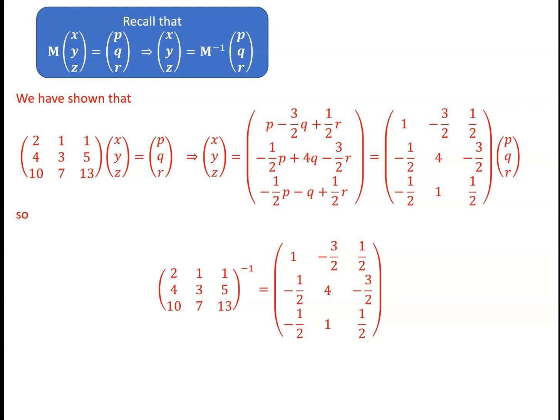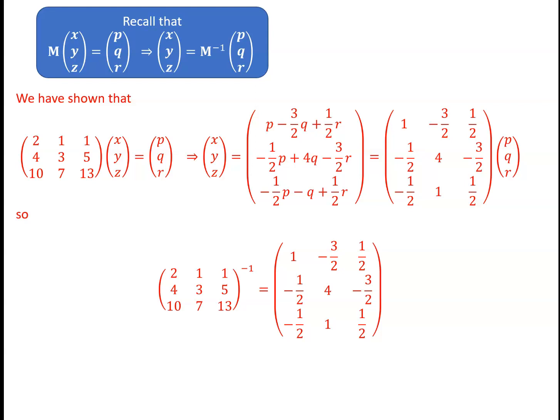Now, we know we started off with the equation M times xyz equals pqr, and we know that the solution of that equation is xyz equals M inverse times pqr. What we've just shown is that x is p minus 1.5q plus a half r, y is minus a half p plus 4q minus 3 over 2 r, and z is minus a half p minus q plus a half r.